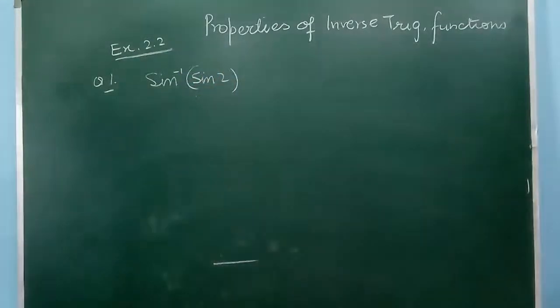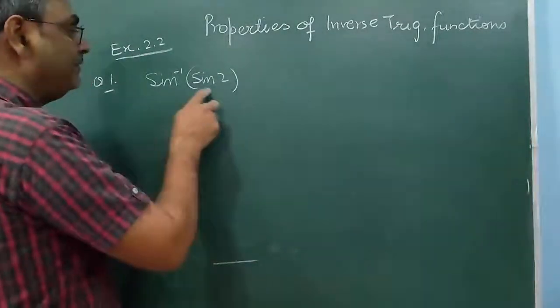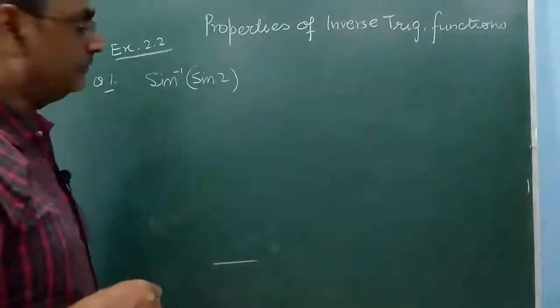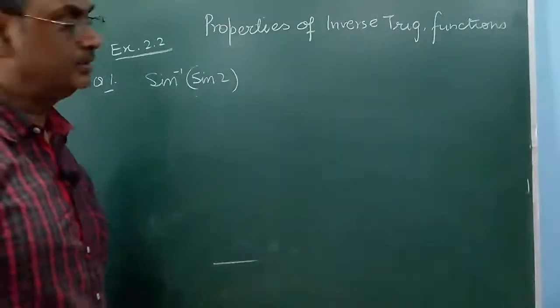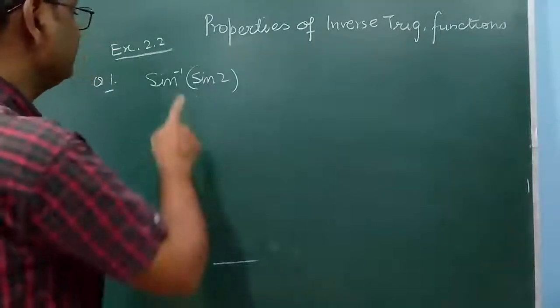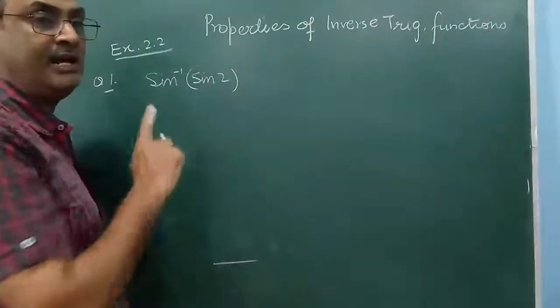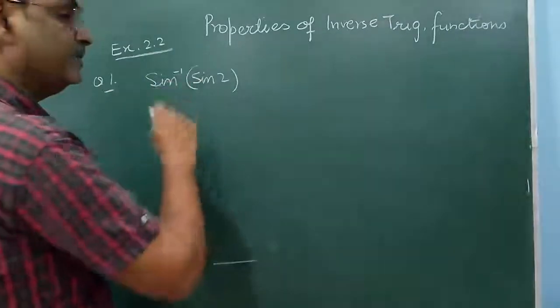Here one thing we have to understand: if I remove the sine inverse, the value will be coming 2. That is not possible, because the maximum value sine can have is 1. So this is not possible.